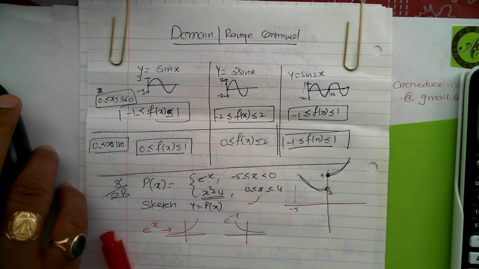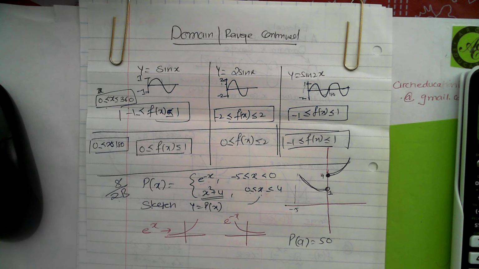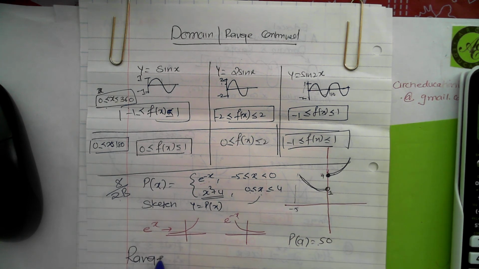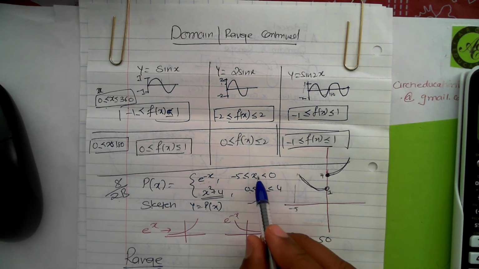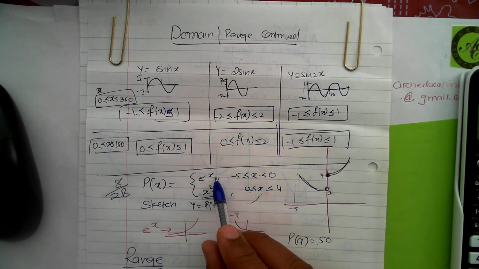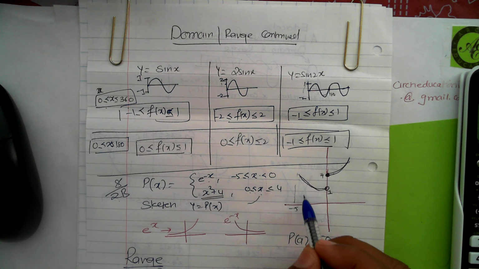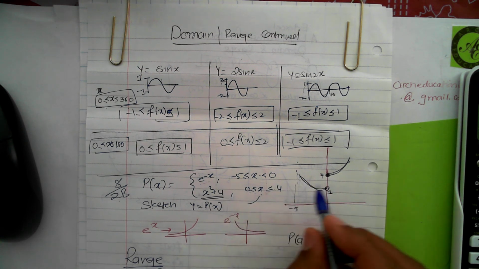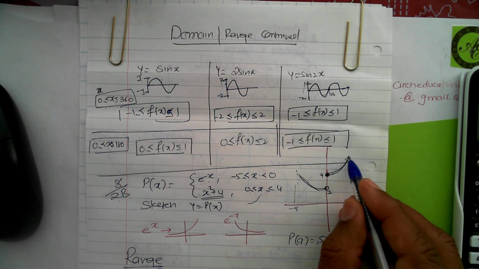Let's see what the second part of the question says. The book asks me to find the value of a when P(a) equals 50. I would first of all find the range of this graph, guys, in the given conditions. The range is when e to the power -5 becomes e to the power 5. So somewhere over here, the graph goes up to e to the power 5, but when x is 4, the graph goes up to 16.